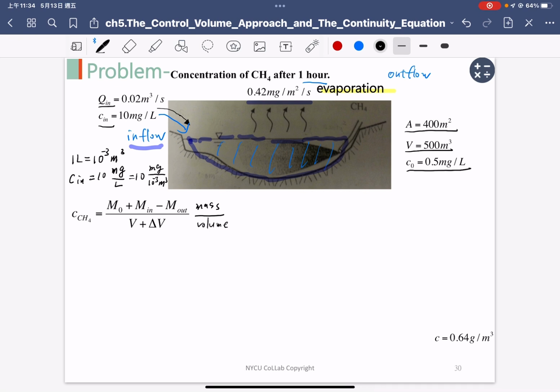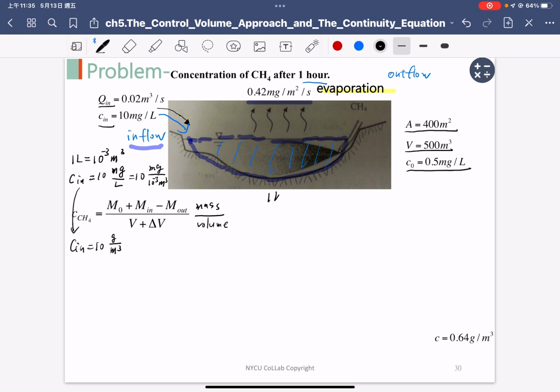And we know that the mg also equals 10 to the minus 3 power grams. So the concentration here will be 10 grams per cubic meter. We would like to recalculate the final concentration after 1 hour.